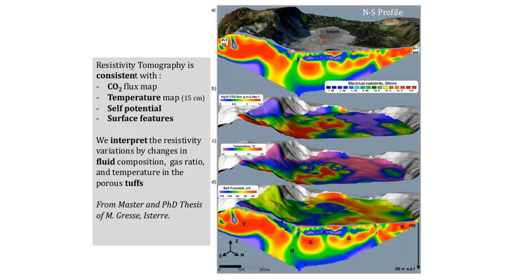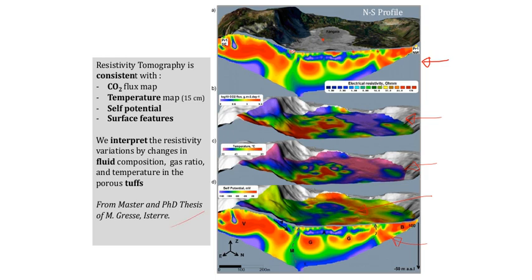Let's see the cross-section here of resistivity together with the map of CO2 flux, the temperature map, and here the self-potential map. Here's again the resistivity cross-section. This is from the master and PhD thesis of Marceau Gresse from ISTerre.